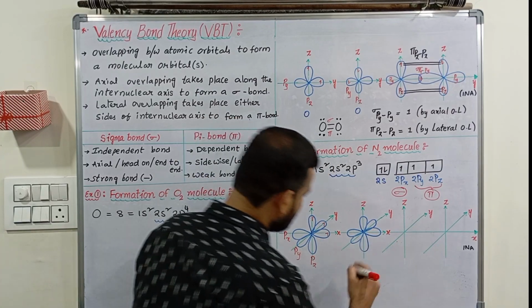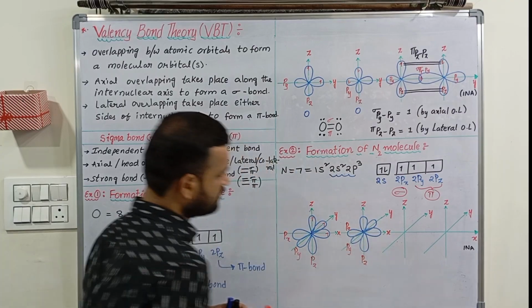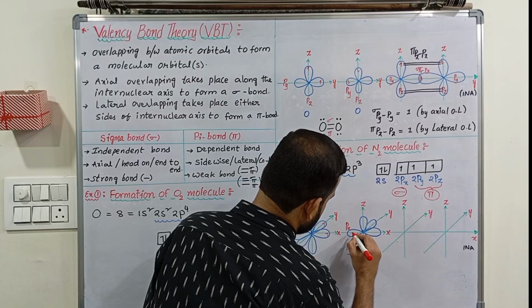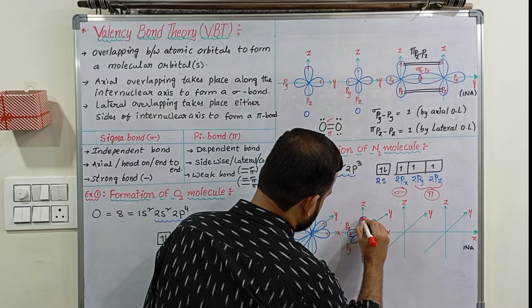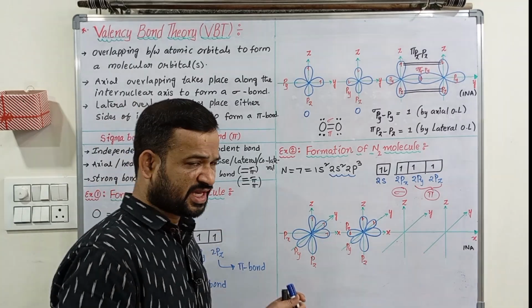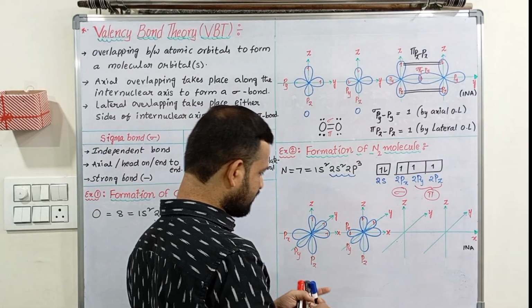Clear? So here pz, py and px. So here these have electrons in downward direction. Okay, we know that between px axial overlapping will occur, then a sigma bond will be formed. Understand?